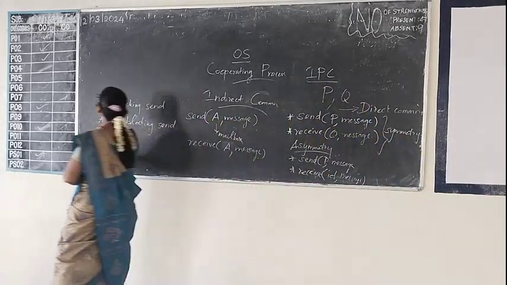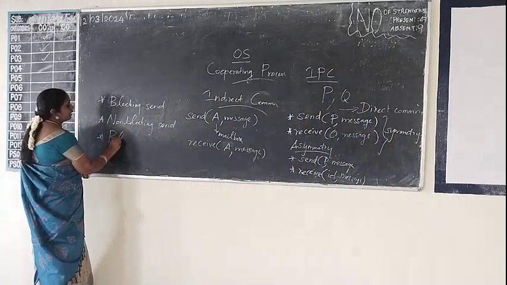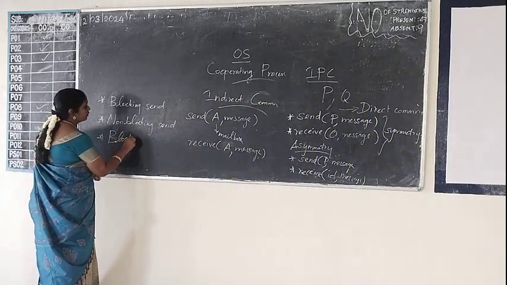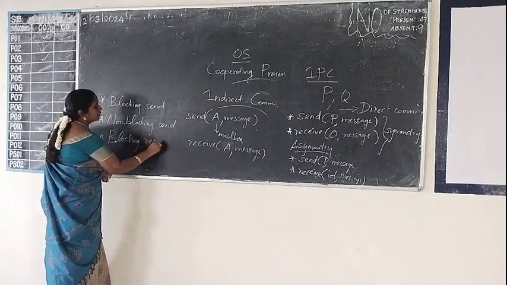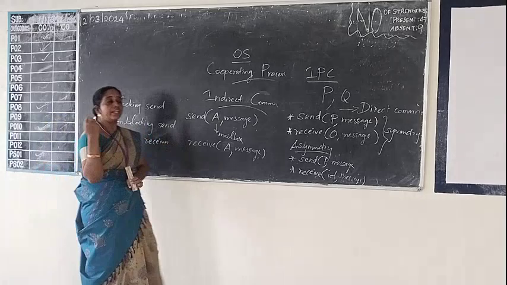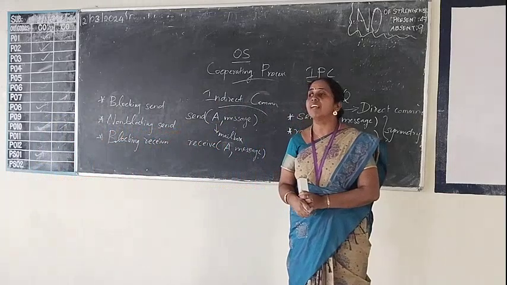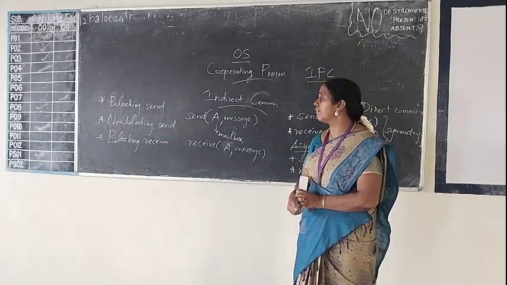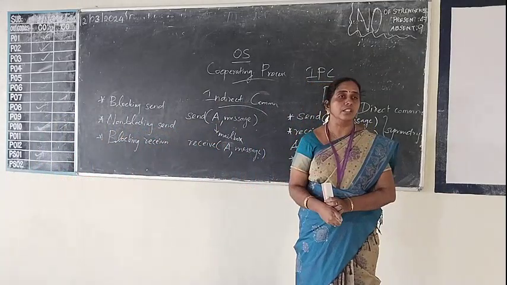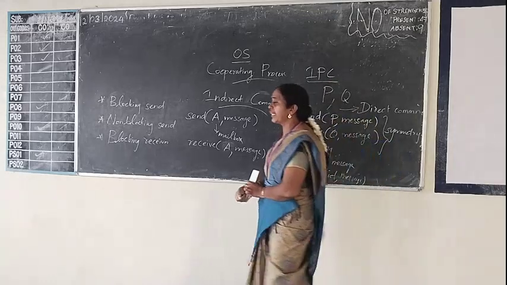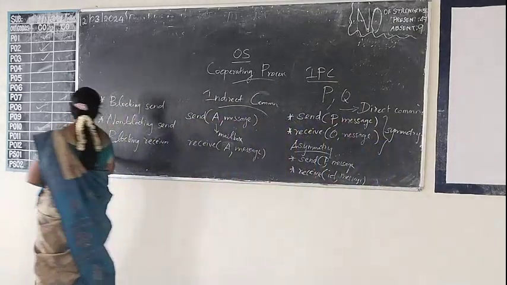The third category is blocking receive. In blocking receive, the receiver is blocked until the message is available. Until a valid message is available, the receiver is blocked. Then the fourth category is non-blocking receive.